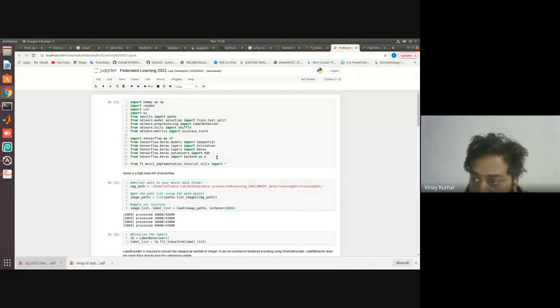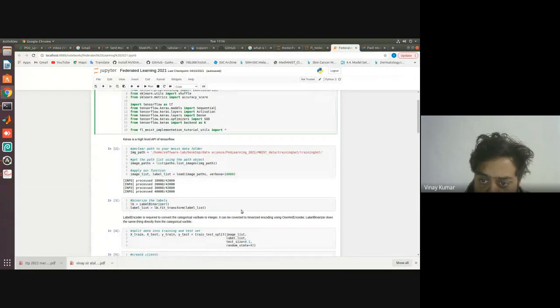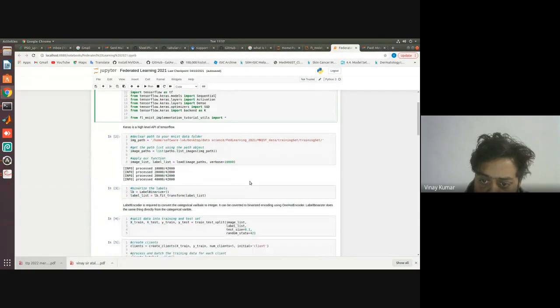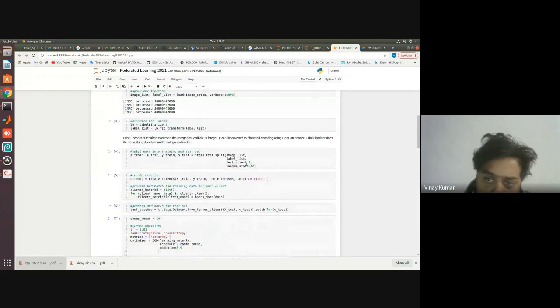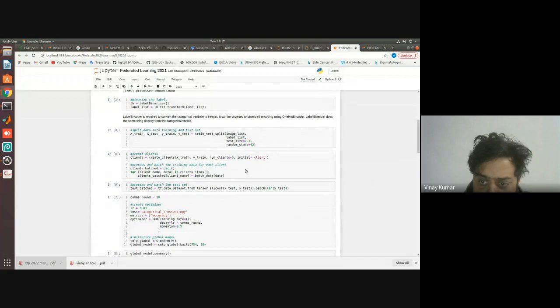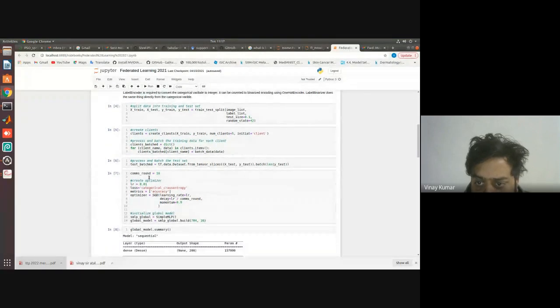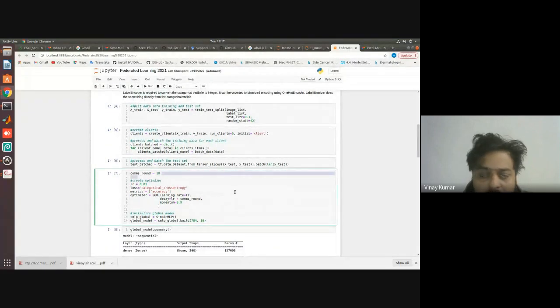Here we have used MNIST data to do the simulations. We have pre-processed them properly, and we have trained for 10 rounds.